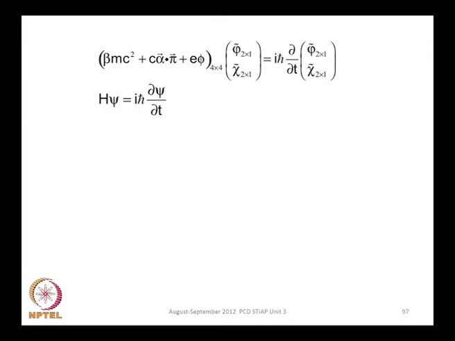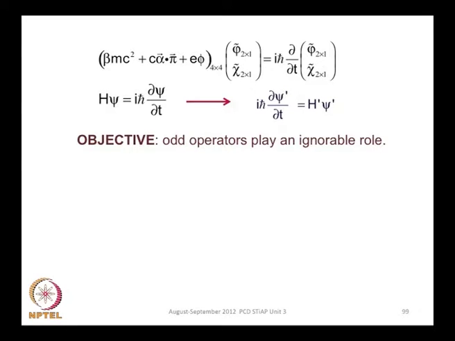You subject it to a transformation to the primed representation, which is the Foldy-Wouthuysen representation, and in this representation it is our hope that the operators in the transformed representation will also have the odd operators, but hopefully they will be less important than what they were in the original unprimed representation.